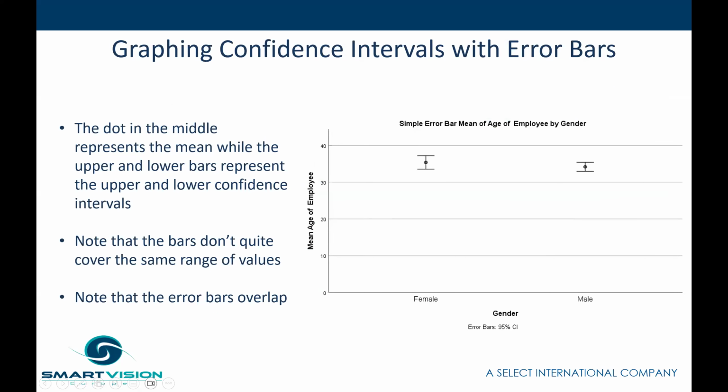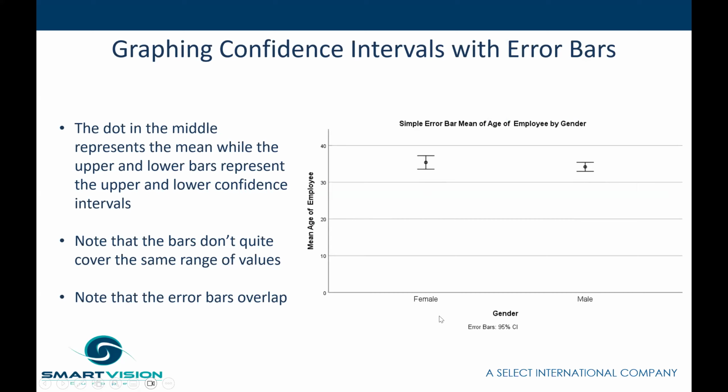So that means that I can actually graph this using what are called error bars. Here are the error bars. This is the difference between men and women in age, male and female here. You can see they kind of overlap with one another. And you can see that the female confidence intervals are a little bit further apart than the male confidence intervals. Why is that? It can only mean one of two things.